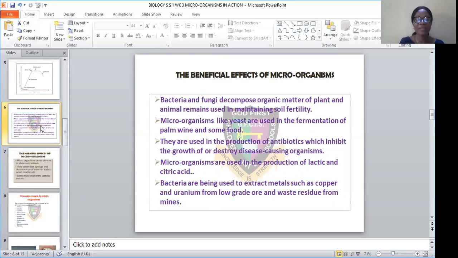Also, microorganisms are used in the production of lactic and citric acid, especially in our food manufacturing companies. Bacteria are also being used to extract metals, such as copper and uranium, from low-grade ore and residue from mines. These and many more are the benefits of microorganisms.